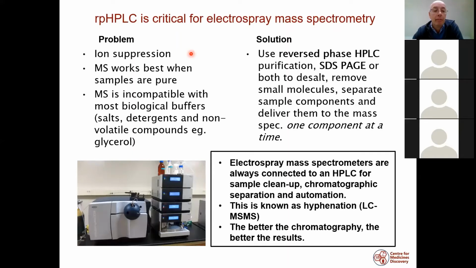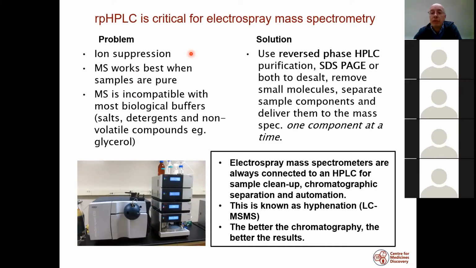And also in biology, most biological buffers are incompatible with mass spectrometry. So the purpose of HPLC is to solve these problems. We use either reverse phase HPLC or SDS-PAGE, or usually both, to desalt the sample, remove small molecules, and separate the components of your sample so that they are delivered into the mass spec one component at a time. This will give you very high data quality.